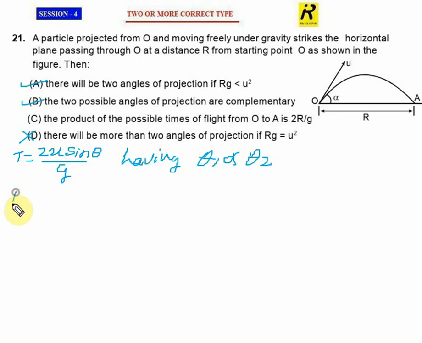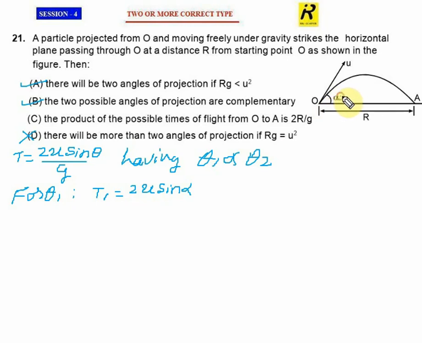So for theta 1, the calculation says T1 is equal to 2u sine theta 1 divided by g.